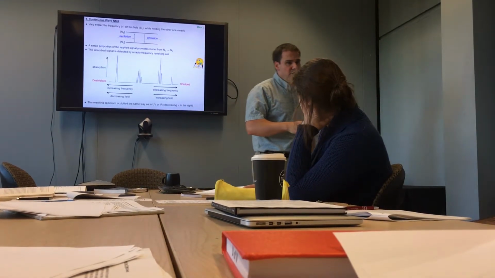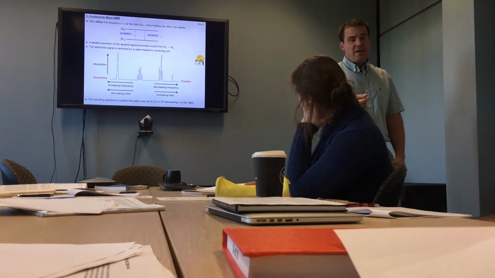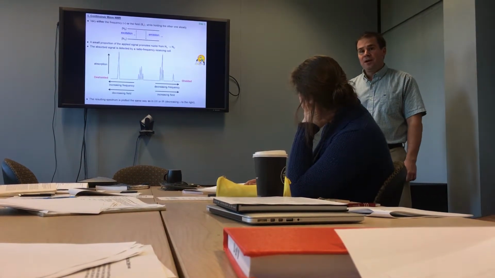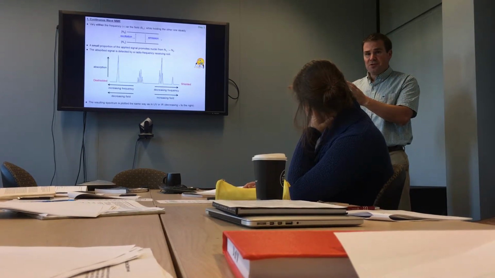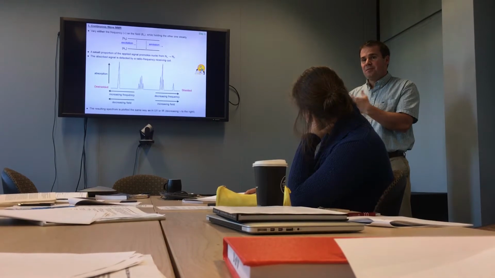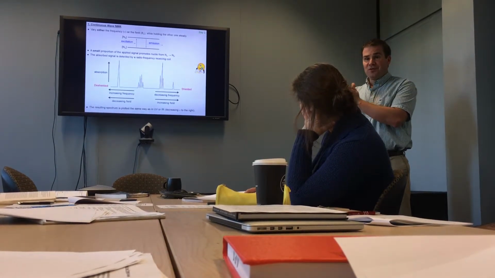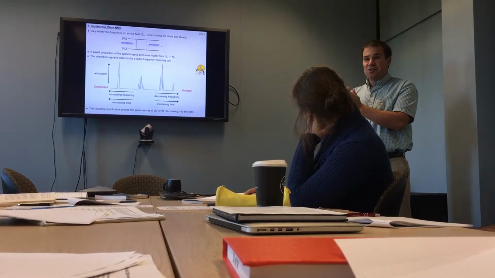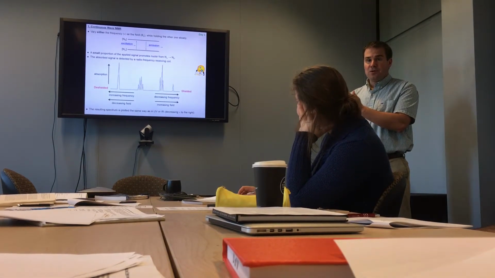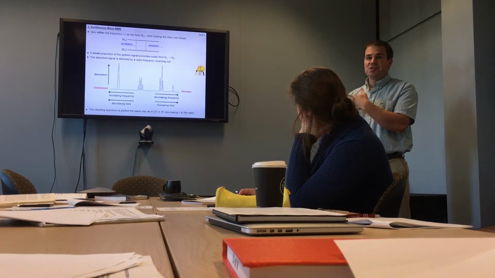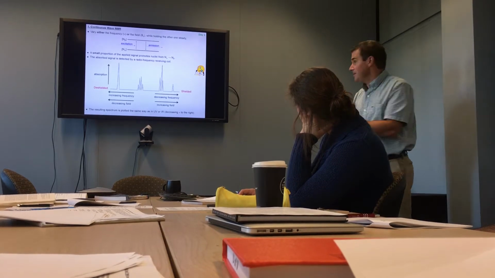Now, in the older continuous wave NMR instruments, it turned out that instead of holding the field constant and changing the frequency, which sort of seems the obvious way to run this experiment, it was easier and more accurate to hold the frequency constant and change the magnetic field. And so the terminology tends to reflect that change in field.